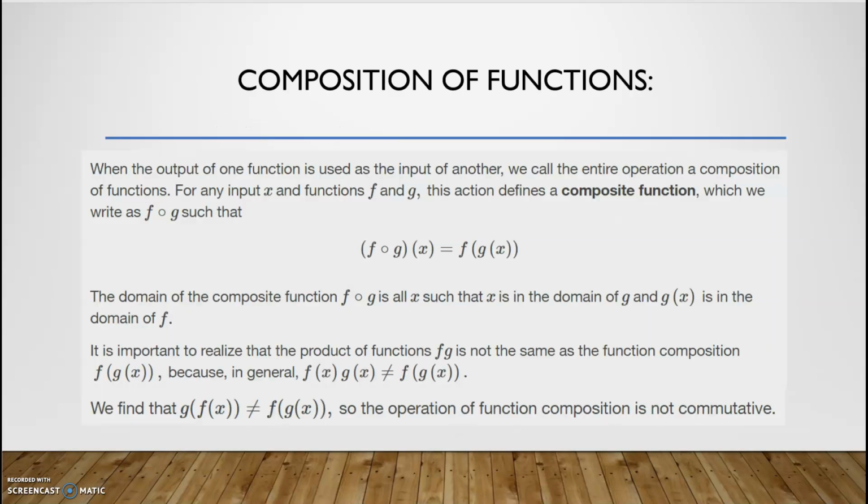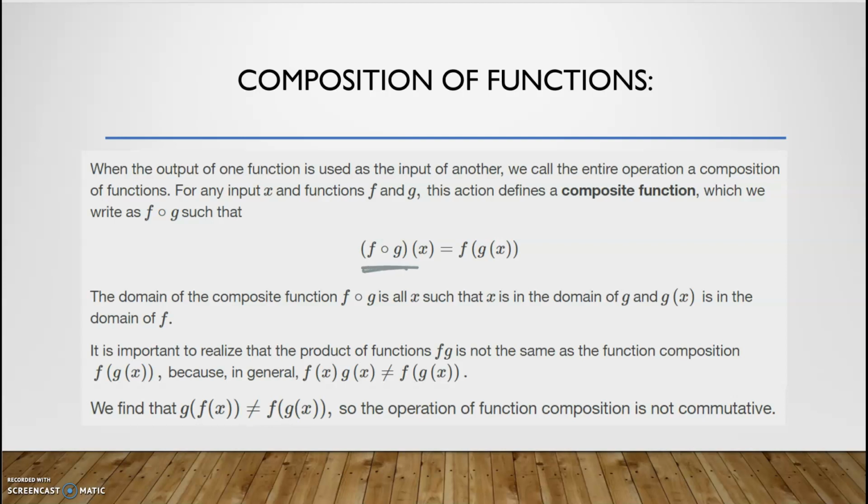Now let's look at the composition of functions. So basically what we're doing is we're putting one function into another function every time we see an x value within that function. So when the output of one function is used as the input of another, when we put one function into the other one, we call the entire operation a composition of functions. So for any input x and functions f and g, this action defines a composition function. Now you can write it two ways.